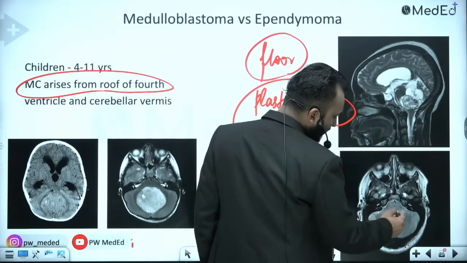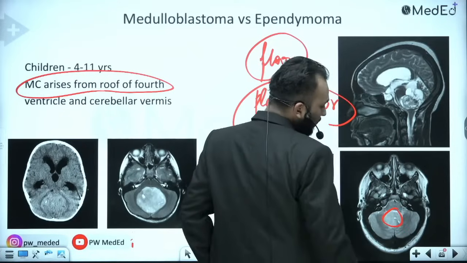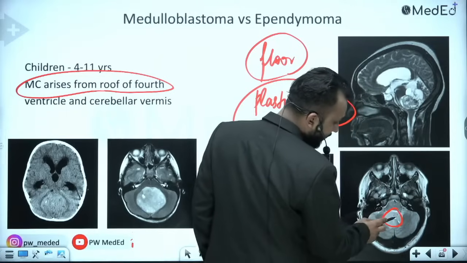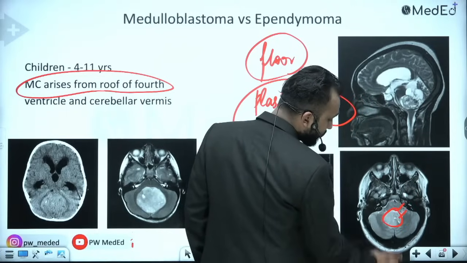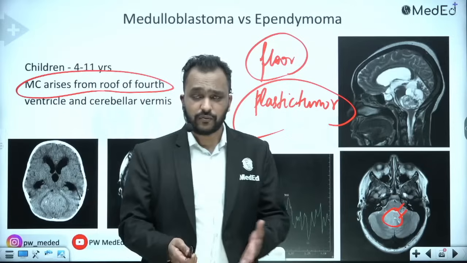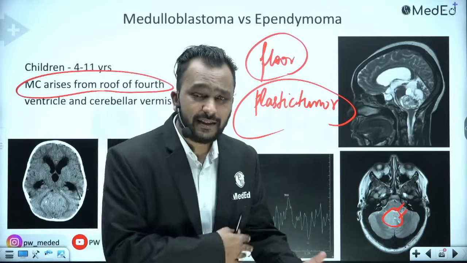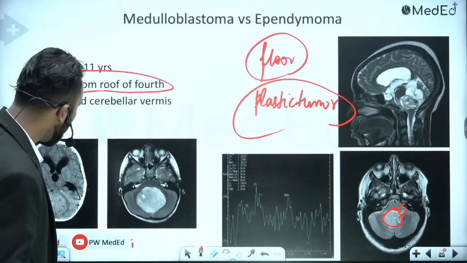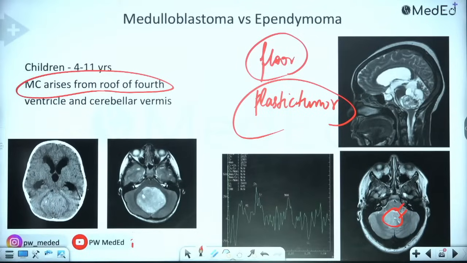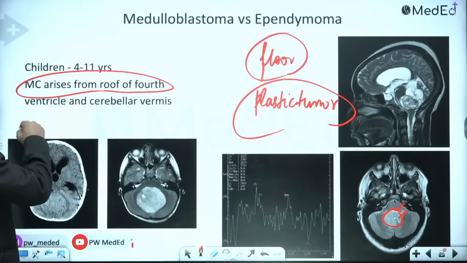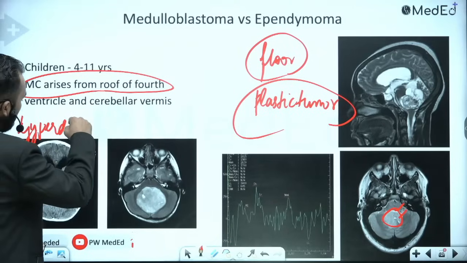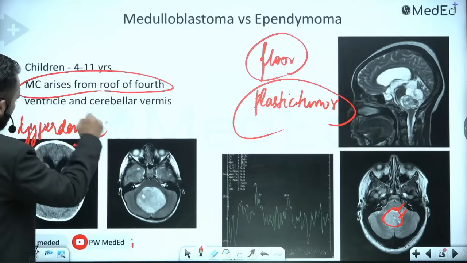So here we can see that there is a lesion in the fourth ventricle, and it is seen to extend through the foramen of Luschka. Because it is a plastic lesion, it can extend anywhere, whereas medulloblastoma will not extend through the foramen of Luschka, and it will appear hyperdense on NCCT images.